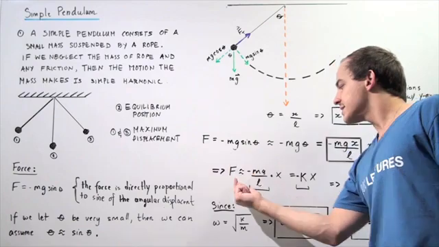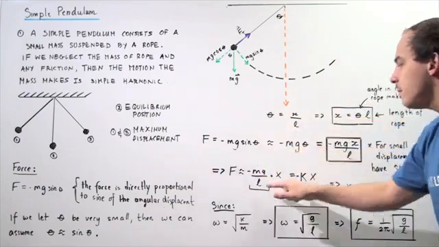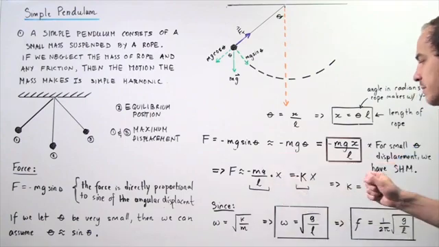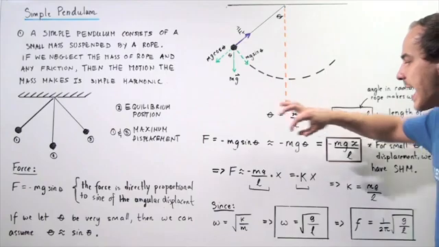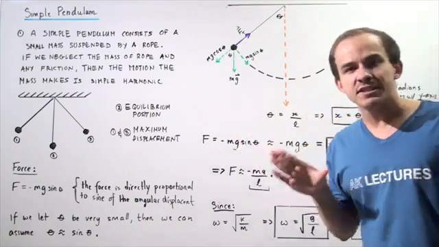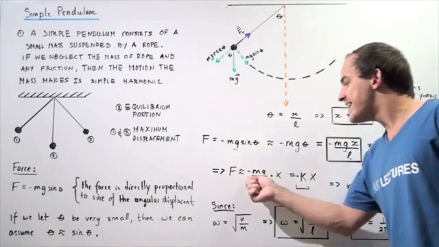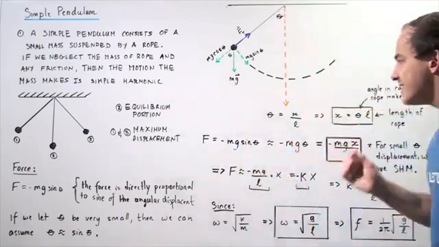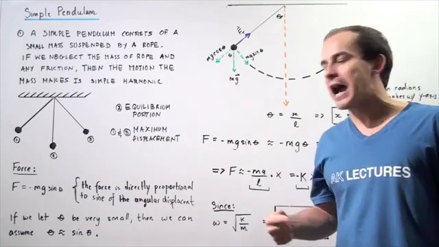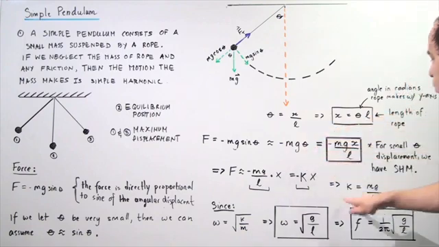So our force is approximately equal to negative mg divided by L multiplied by our displacement. And if we equate this to Hooke's law, then we see our K, our stiffness constant, is mg divided by L, where the negative simply means that our force acting on the object is in the opposite direction of our displacement. So K is equal to mg divided by L.